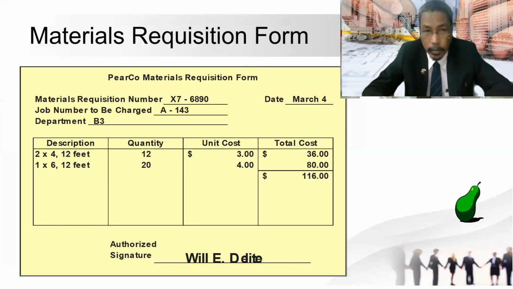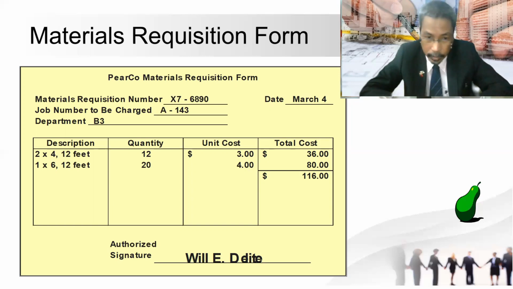Materials requisition form, MRF. You have to request materials from time to time because they are needed on the production line. For example, here somebody is requesting 2x4, 12 feet, and 1x6, 12 feet of some material.